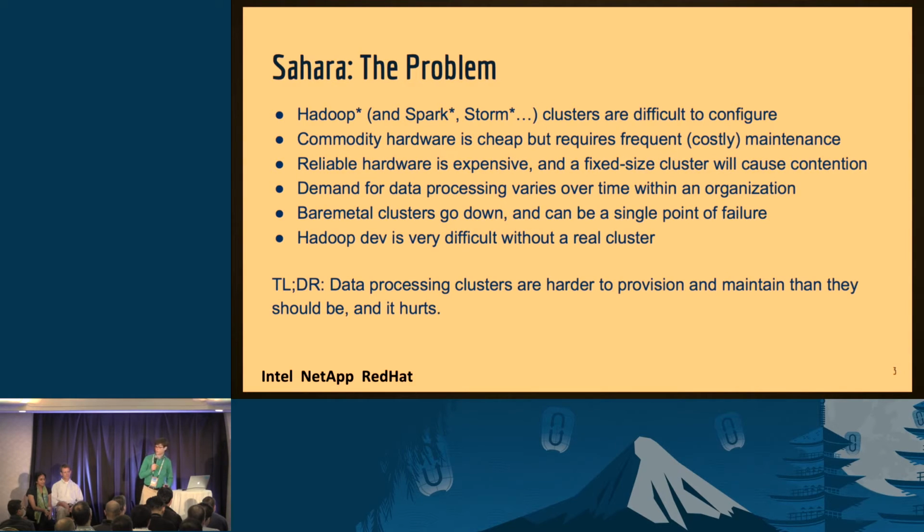The demand for data processing as a resource will naturally increase over time. If you lock yourself into a fixed size cluster, you're kind of going to be doomed eventually. And finally, if you do have one bare metal cluster, if it does go down, you can lose a lot of time, money, data, etc. So it's a lot harder to provision these clusters than it needs to be, and it hurts organizations.